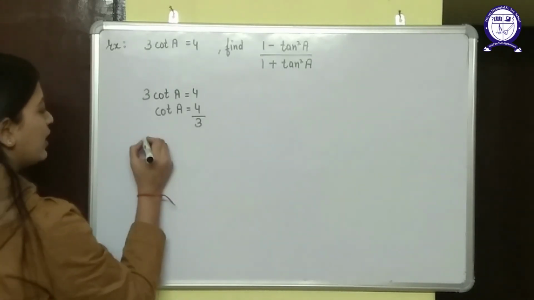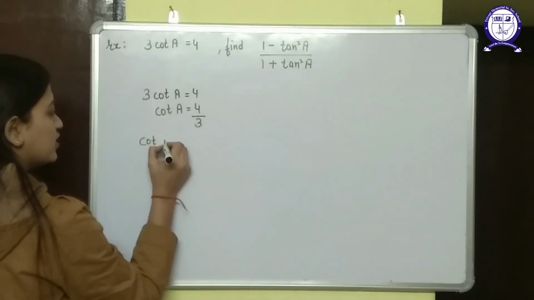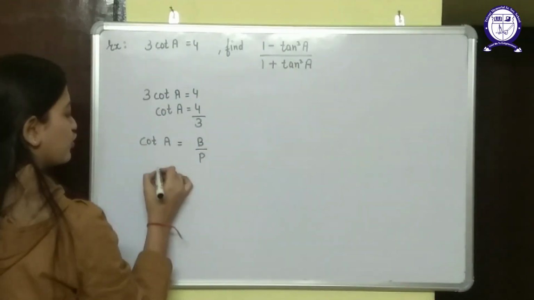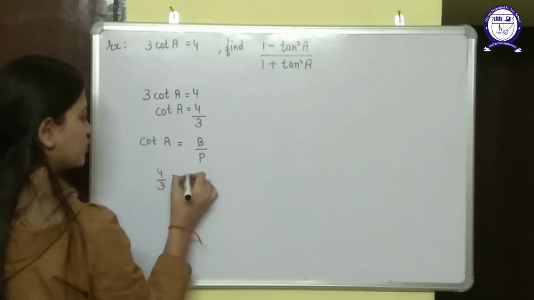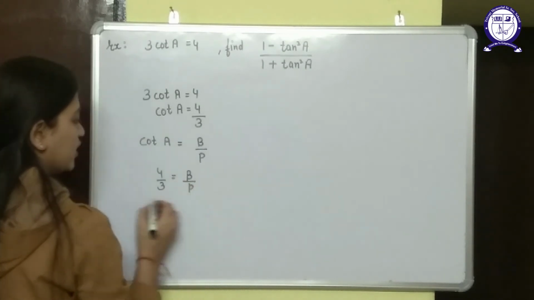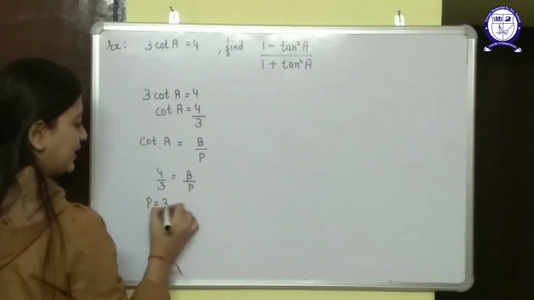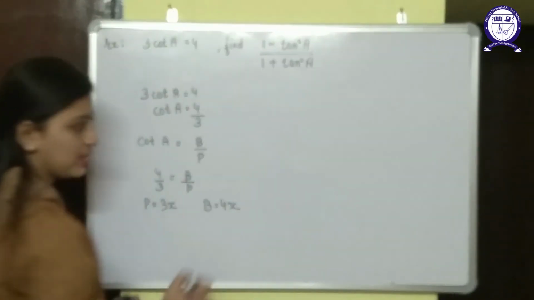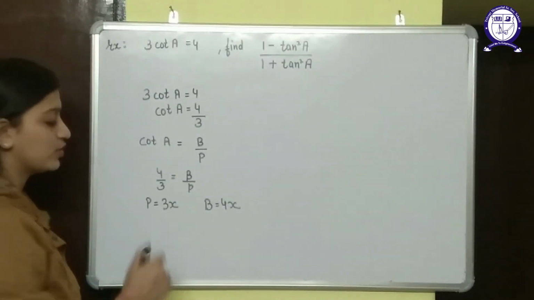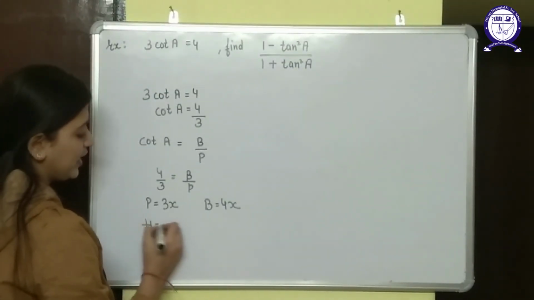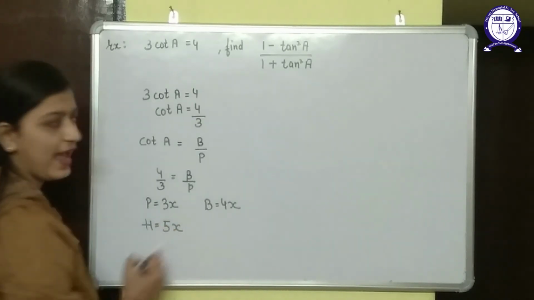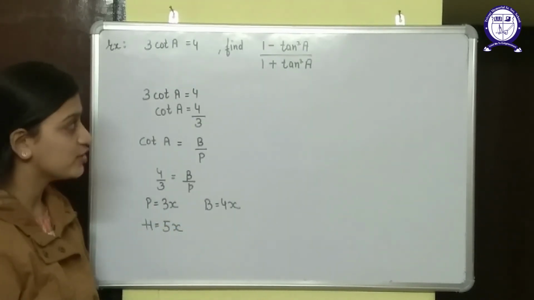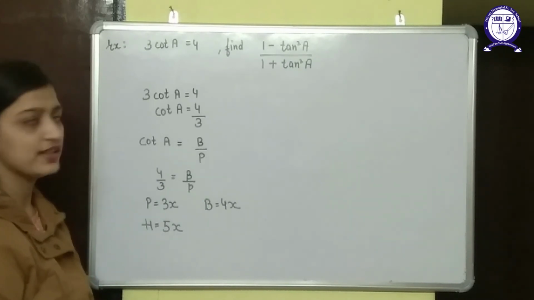Now, first of all, cot A is equal to B upon P. So 4 upon 3 is equal to B upon P. So perpendicular is 3x and base is 4x. And similar to the previous question, my hypotenuse will be 5x.